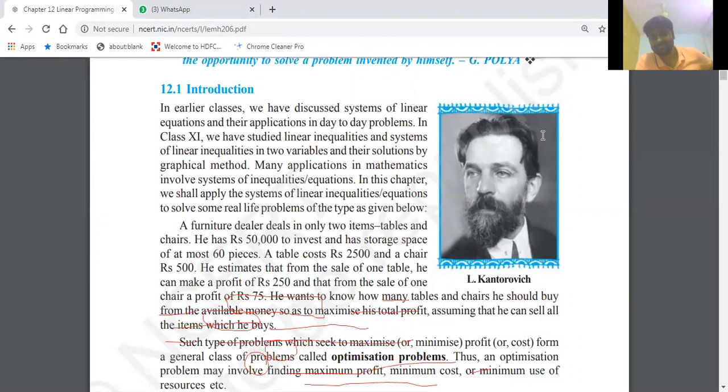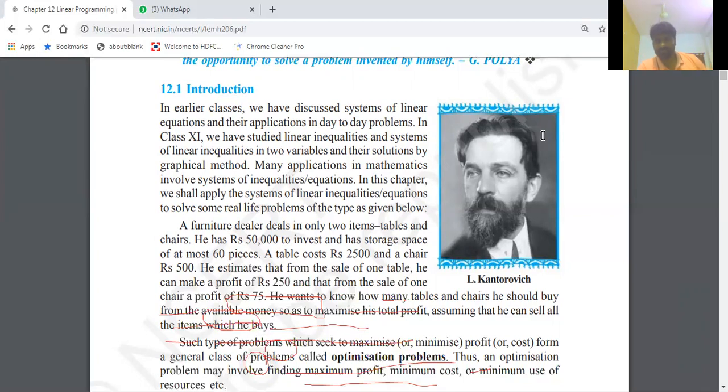Just imagine 60 into 250 rupees, because for every table I can make a profit of 250 rupees. Now you calculate 250 into 60. How much will I get? 15,000 rupees profit I can get.